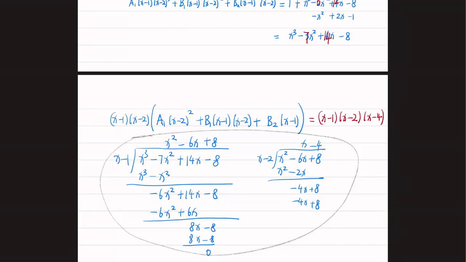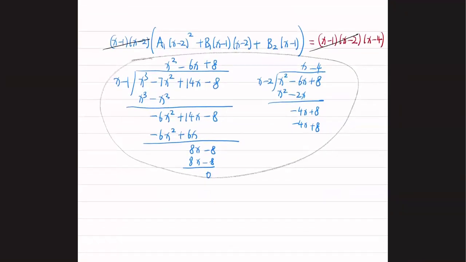Now we can compare this, but after we eliminate the common factor. With the common factor removed, we get something much simpler. A1.